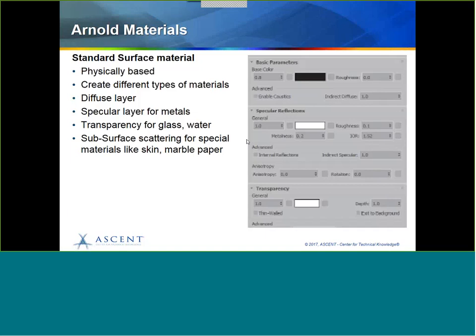Then we also have this transparency rollout right here, and this can be used to create glass and other transparent looking objects, materials like water, etc. There is another rollout, which is the subsurface scattering parameters, that creates organic materials such as skin, that do not reflect light at the surface, but scatter or absorb light below the surface.